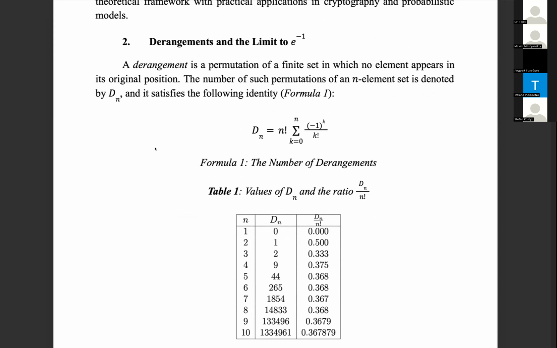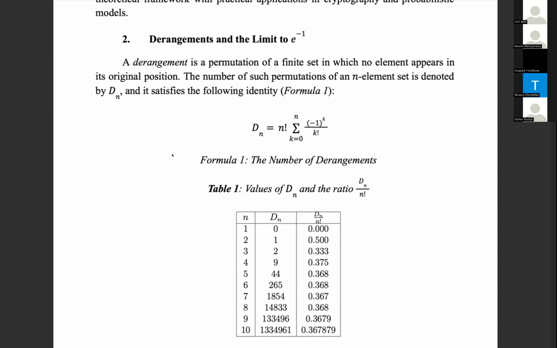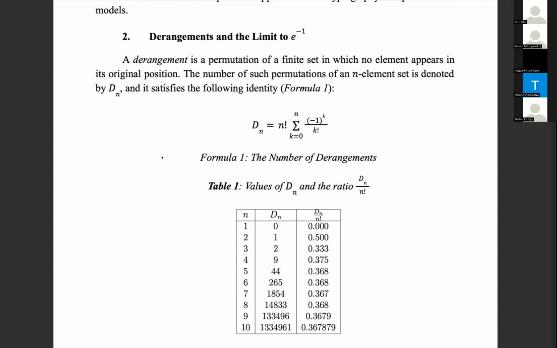So it's 2, 3, 1, and 3, 1, 2. And this formula represents this relation. It is denoted by dn.